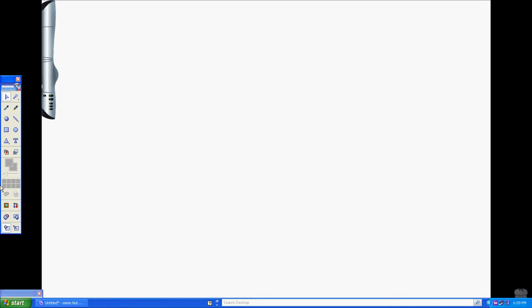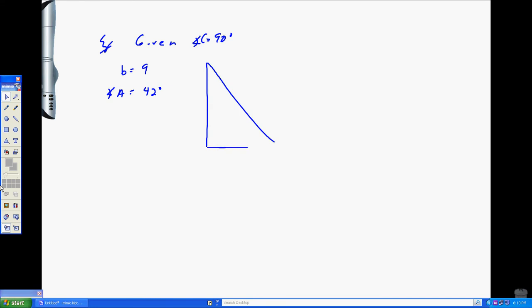Well, let's go like this. Given we know angle C is equal to 90 degrees. No big deal. Let's go with side B equals 9 and angle A equals 42 degrees. So, step 1, draw your triangle.